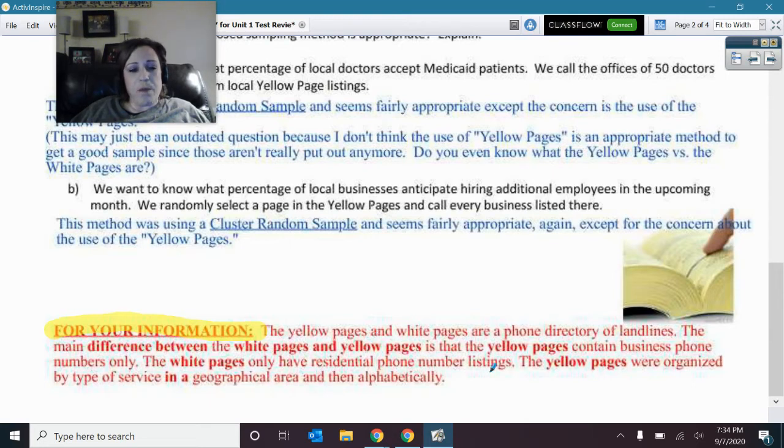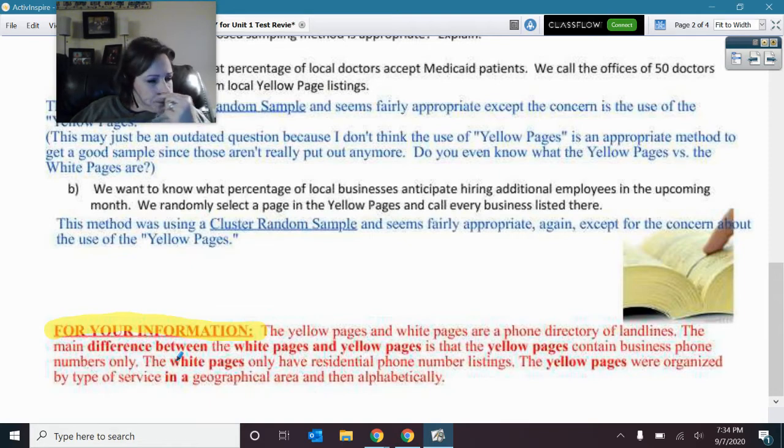Yellow pages are used for business phone numbers only, and businesses didn't have to pay to be in there. Yellow pages were organized by the type of service they did. So you would look up doctors, then go to medical or doctors, and it would have that information in that little section.